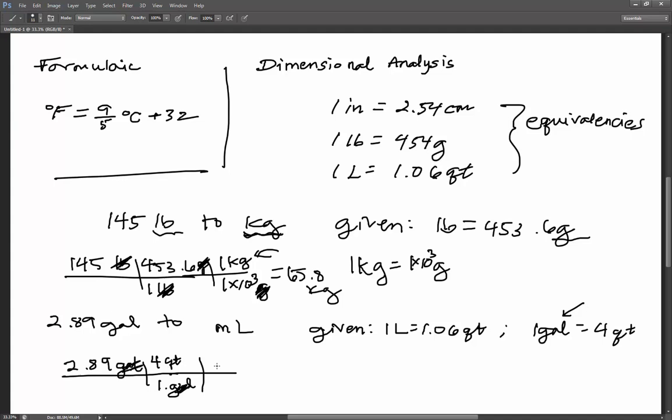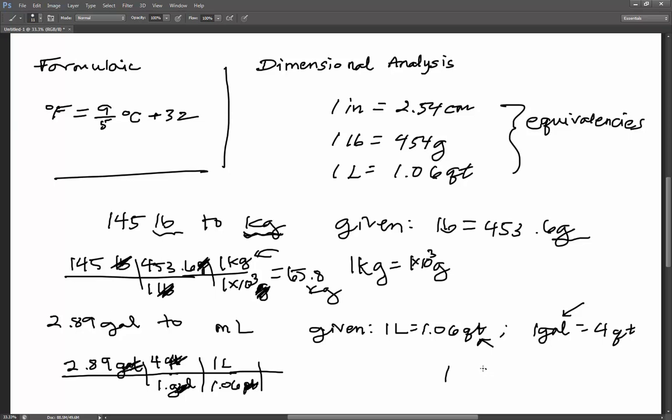Then I'm in quarts. I'm going to use the conversion factor that has quarts. And I'm going to put quarts on the bottom here so that they'll cancel. And if I do that, that gets me all the way from gallons to, now I'm in the units of liters. Great. But they asked for milliliters. So I'm going to need one more factor that I have to have memorized because it's a metric factor.